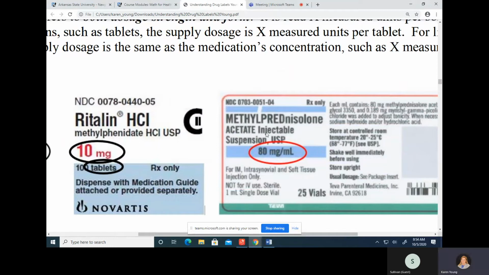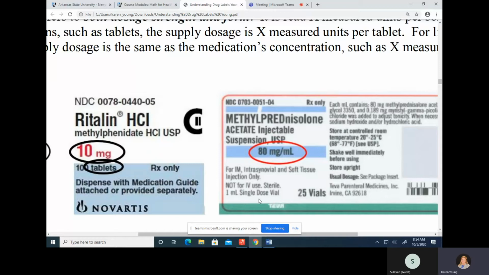It's an injectable. Somewhere in the fine print, since this is injectable, it will give me the type of injection it is: IM, IV, ID, or subcutaneous. So this one gives me what? IM. And notice down here it says not for IV use. This is one thing you have to watch out for.